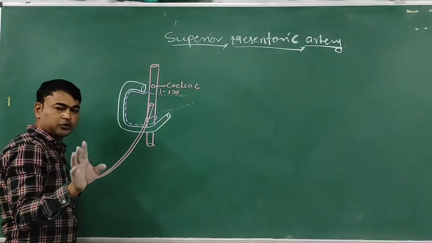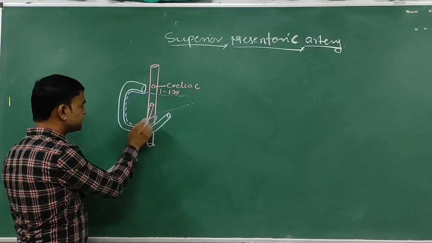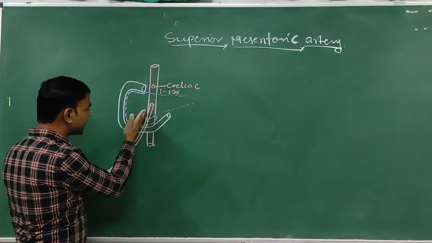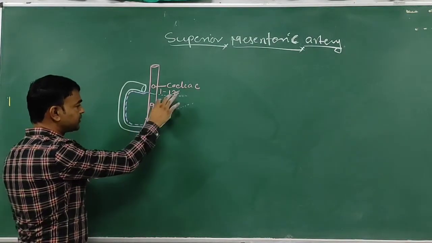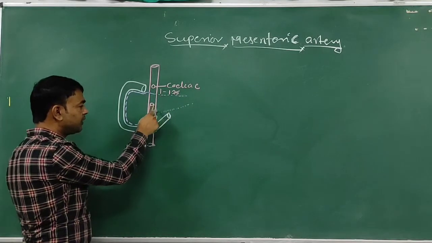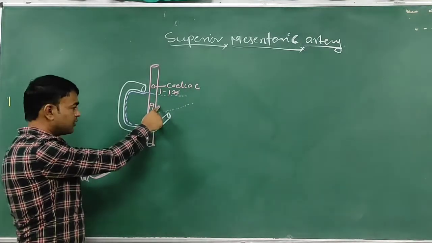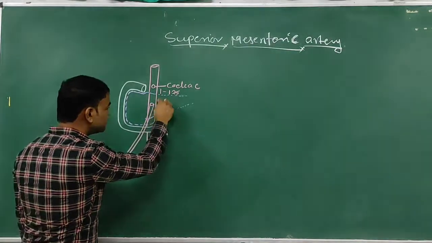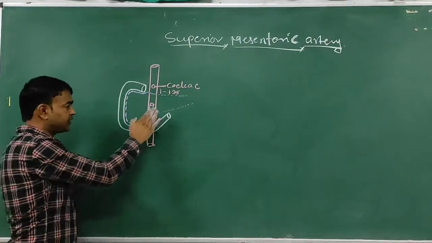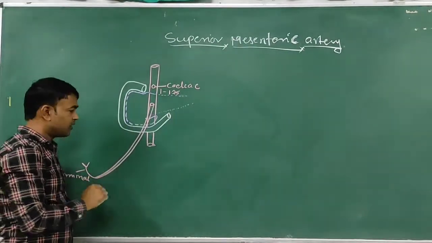The course of the superior mesenteric artery: firstly, on the right side, it lies behind the head of the pancreas and the splenic vein.